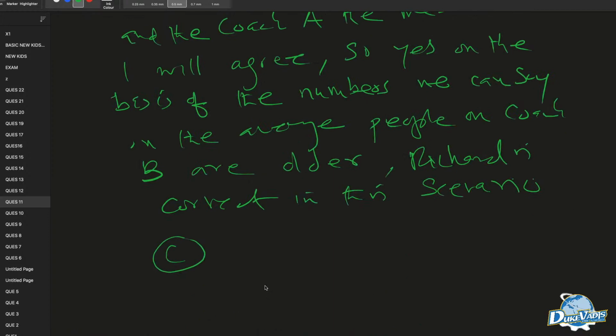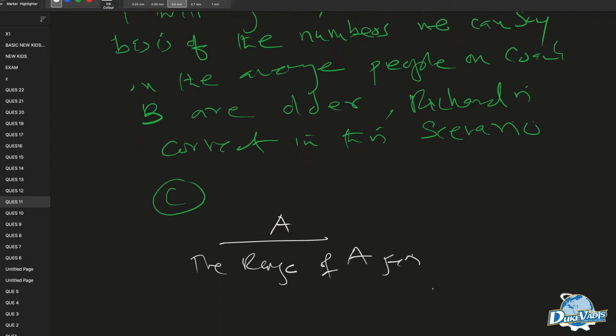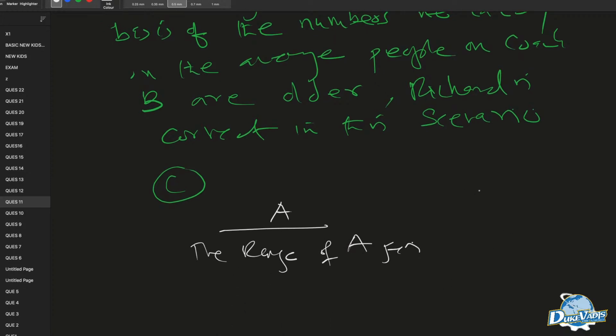On A, our reason will be the range of ages, and on B, let's see the range as well.